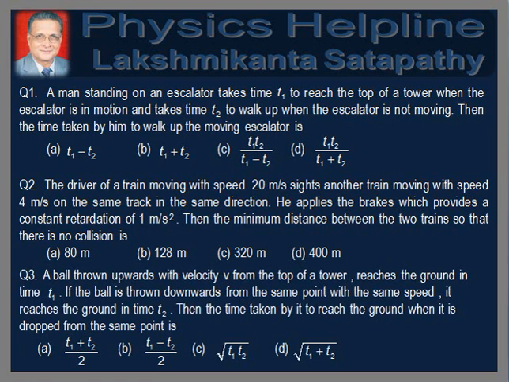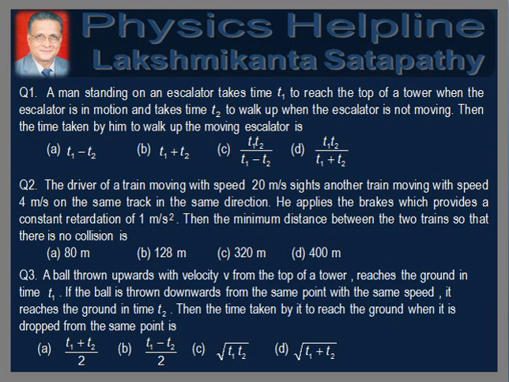Question 2. The driver of a train moving with speed 20 meters per second sights another train moving with speed 4 meters per second on the same track in the same direction. He applies the brakes, which provides a constant retardation of 1 meter per second square.